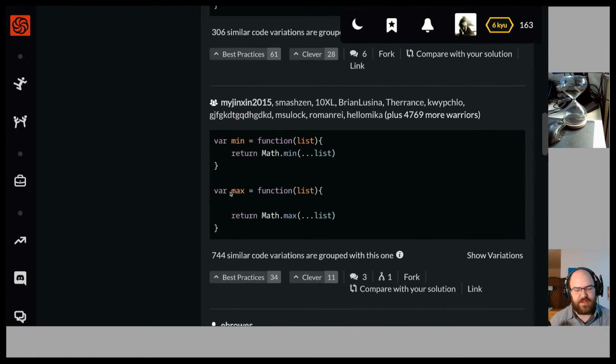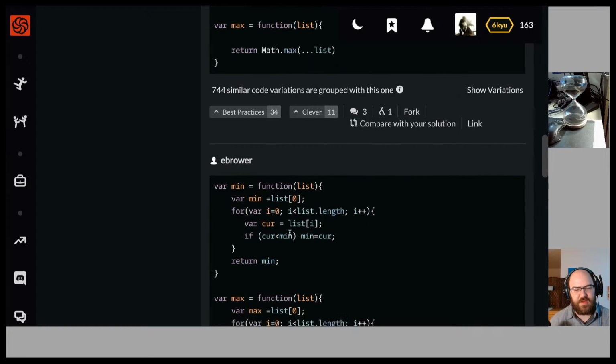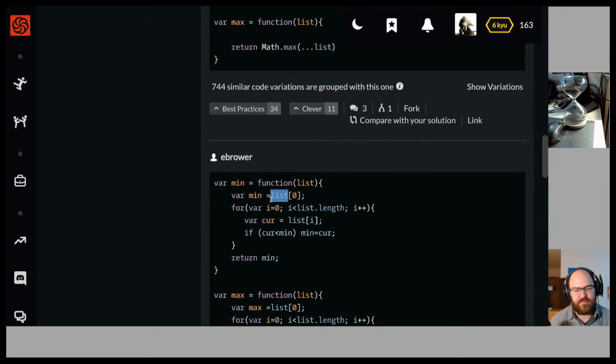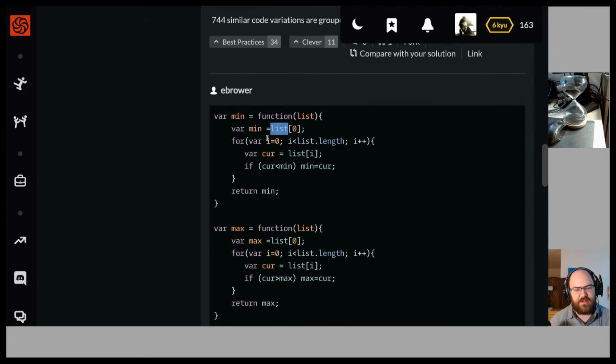Return Math.min, yeah. Oh, that's a more sensible default. I like this way of writing it. So look what they did here. They started, although, is it weird that they have a variable?